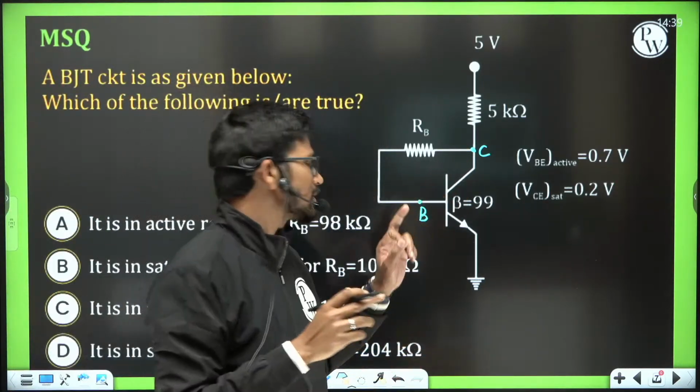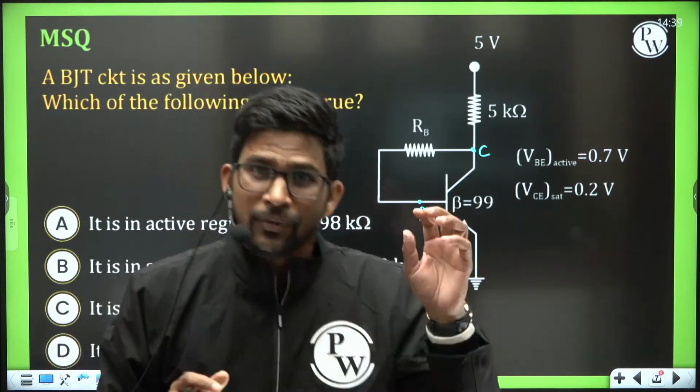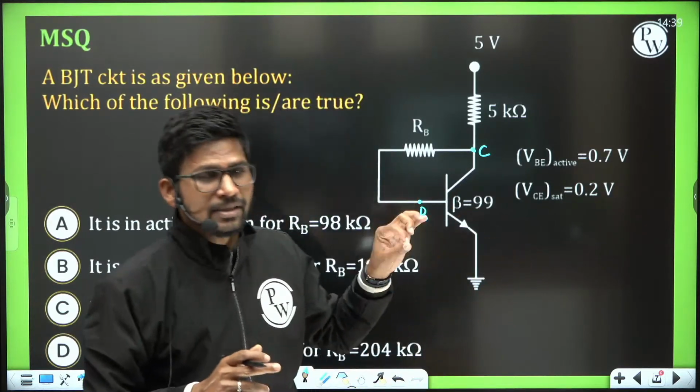If collector and base are connected through a feedback resistance RB, this is also called collector base feedback biasing. Then this BJT is in on condition.